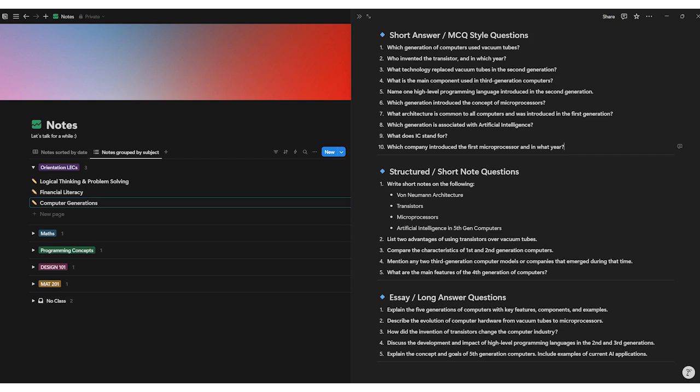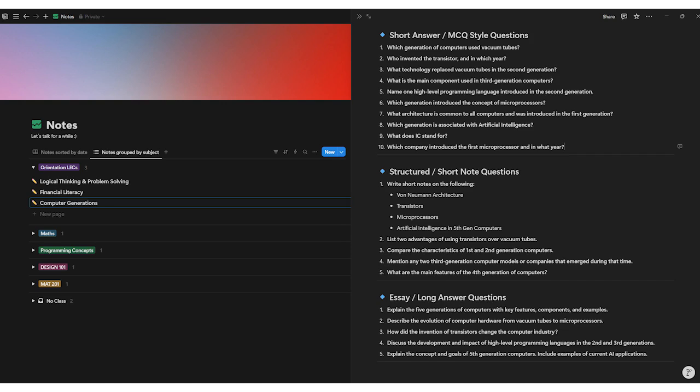It is, of course, transistors. Vacuum tube was used in first generation, and in the next, second generation they used transistors, which means the vacuum tubes were replaced by the transistors.